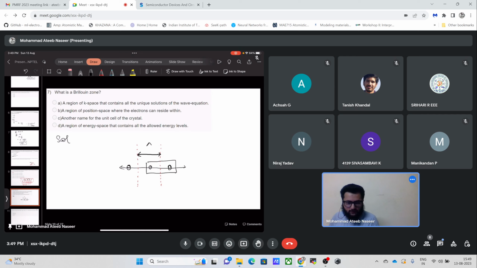This will be its first Brillouin zone, considering its nearest neighbors.